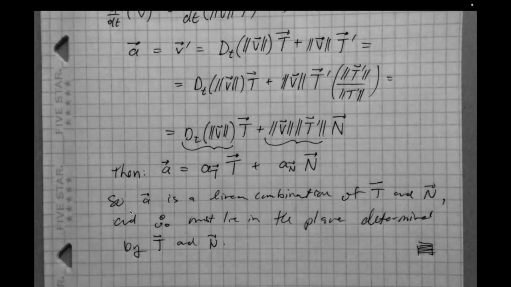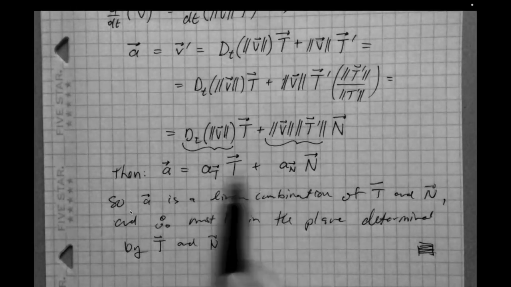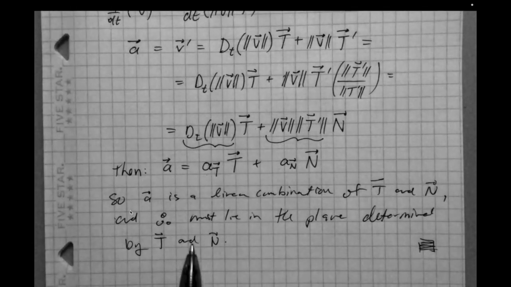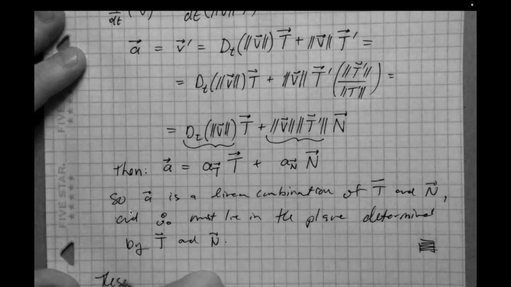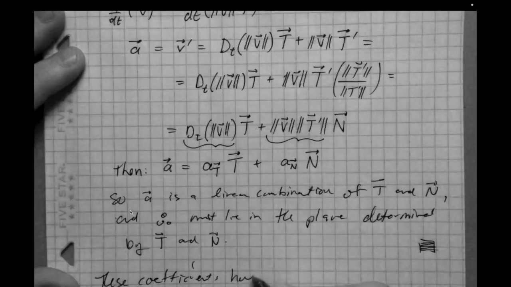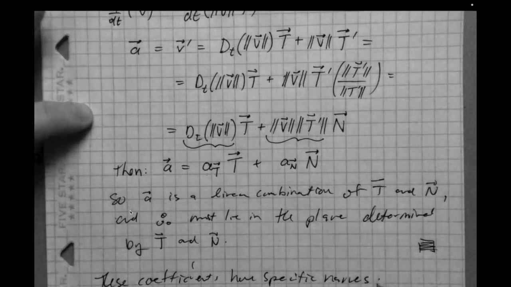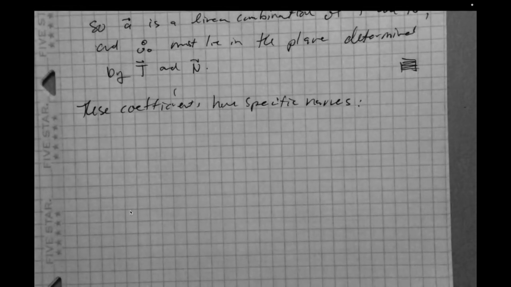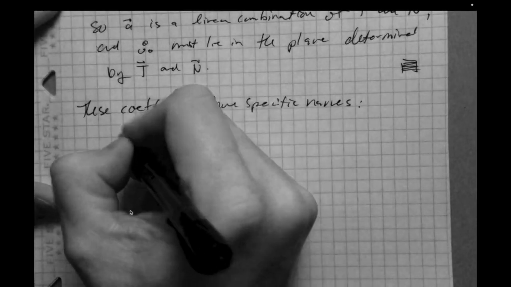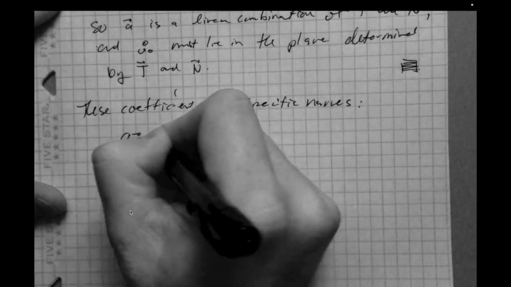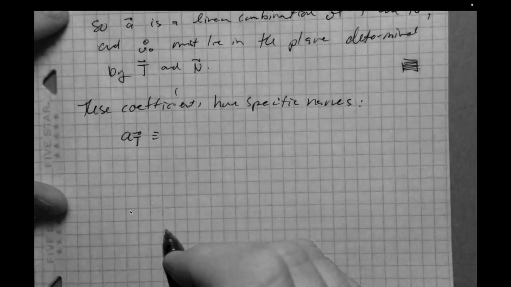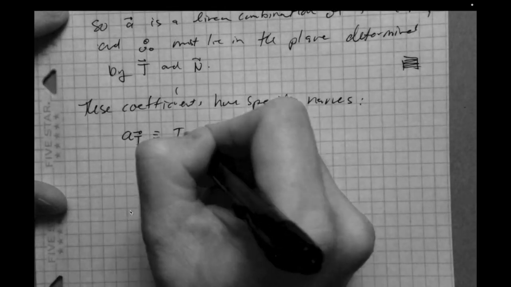Okay, so these coefficients of T and N have specific names, and they're important. They're important in physics in particular. So the a of T is called the tangential component of acceleration.